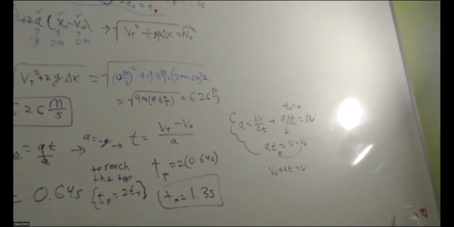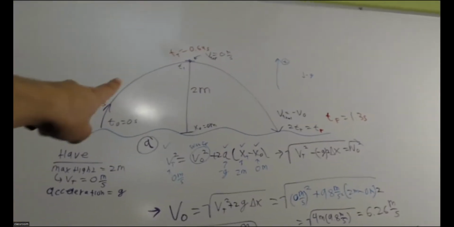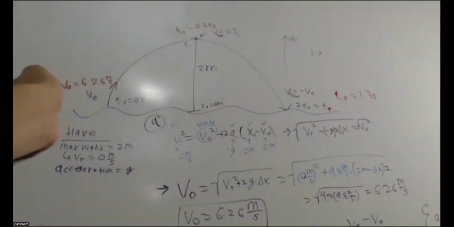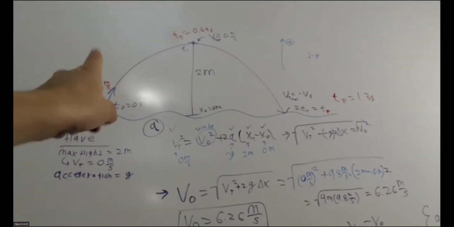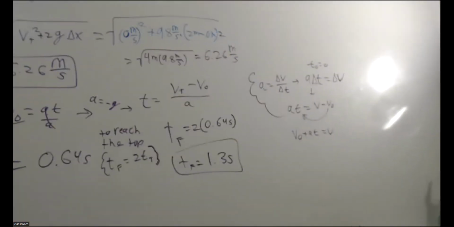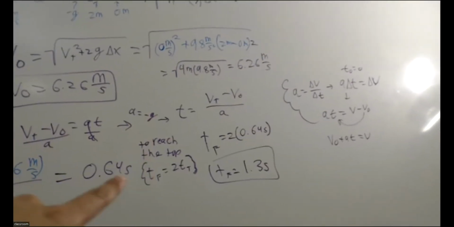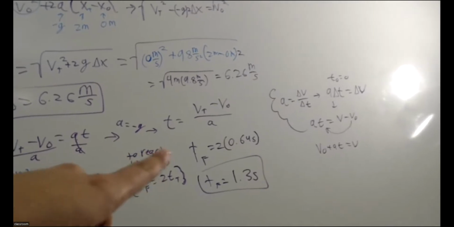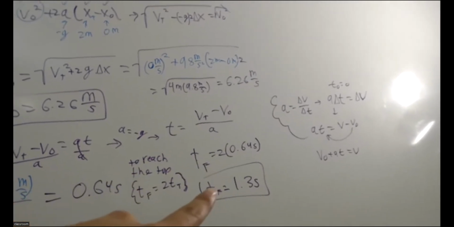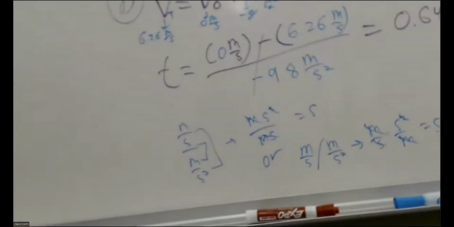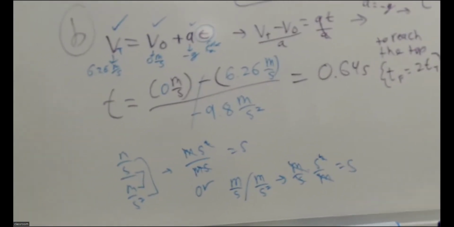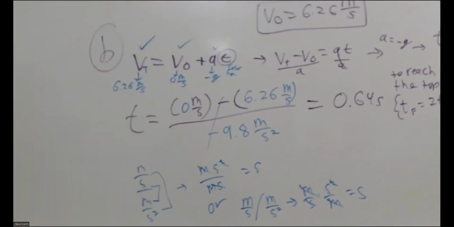And then we know that it takes the same amount of time to get to the top as it takes to get down. That means the total time is the time to get to the top times 2. So I do times 2 right there. That gives us 1.35 seconds. This down here is just me checking the units with meters over second squared.